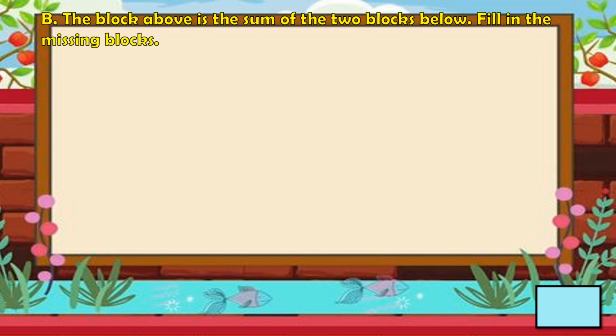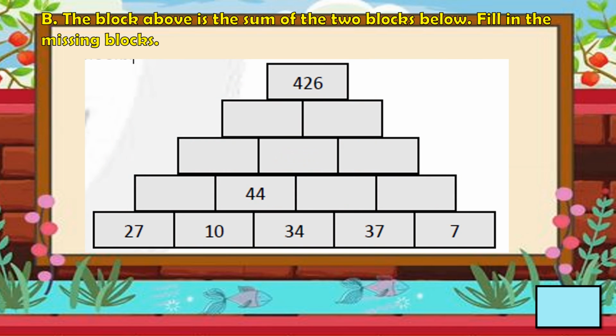For letter B, the block above is the sum of the two blocks below. Fill in the missing blocks. Okay, so again, the block above is the sum of the two blocks below.